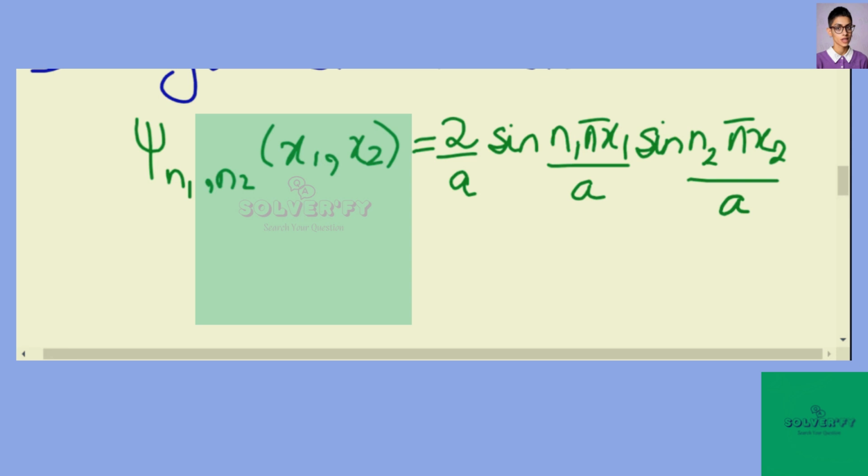Now we have that E is equal to n1 squared plus n2 squared times K.